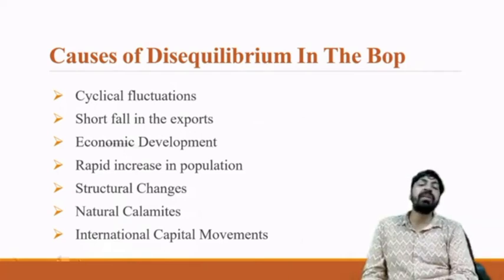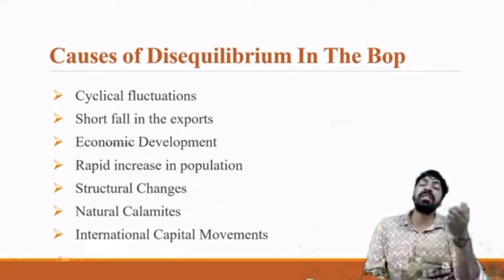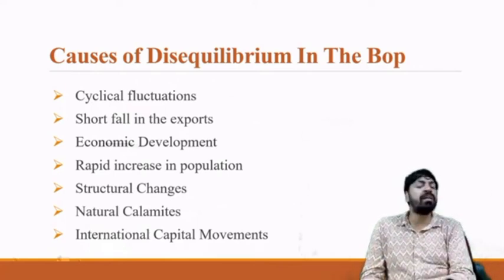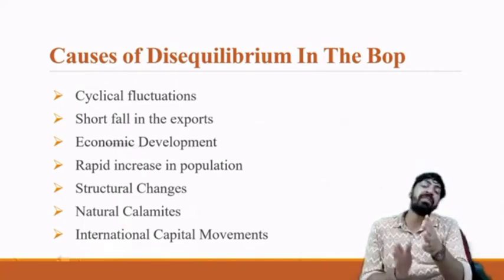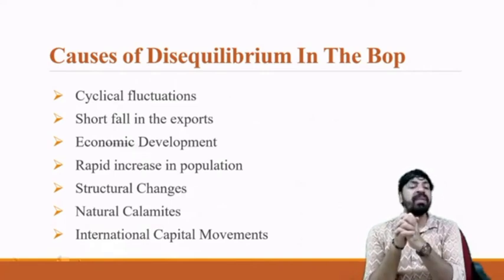Structural changes. When we talk about the policies and plans of any country, they also influence the visible and non-visible import and export of goods and services, or the lending and borrowing process, and ultimately can lead to disequilibrium in the balance of payment.